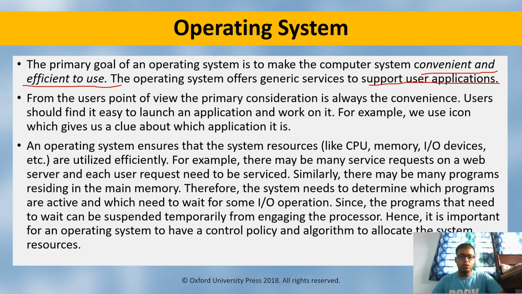So we must utilize resources efficiently. That has to be kept in mind: if some application is running, the utilization of the system resources must be done in an efficient manner.